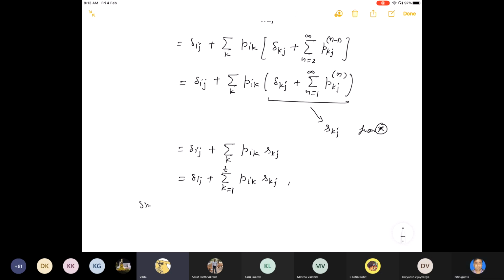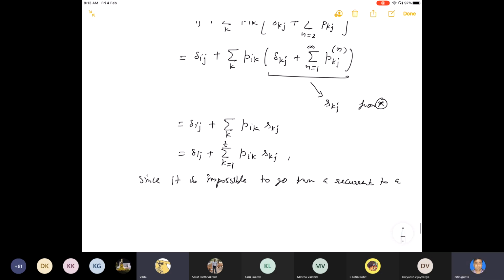Since it is impossible to go from a recurrent to a transient state, implying that skj is equal to 0.